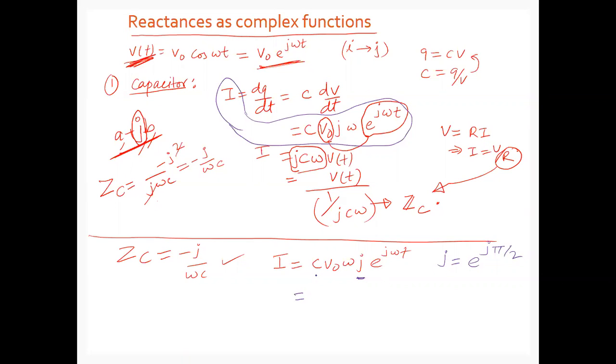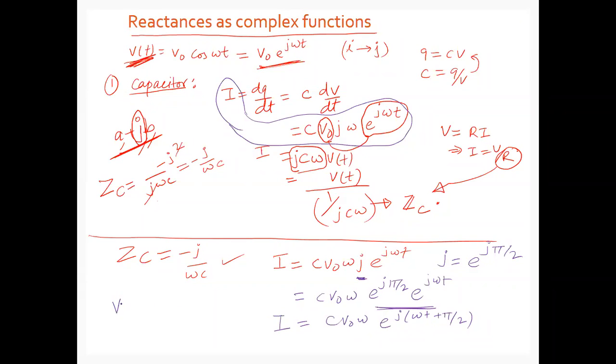Then your I will be C V0 omega e to the j pi over 2 e to the j omega t. Then you can combine these two, C V0 omega, and this guy is j omega t plus pi over 2. Okay, so this is your I.